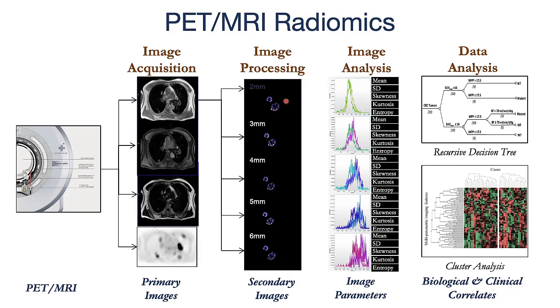From each of those derived images, we can develop a number of statistical maps from the statistical parameters from the histogram, and then we can analyze these in some way to characterize the different groups of patients, either using cluster analysis, as I described before, or using a decision tree where we sequentially apply individual measurements until we can separate out, in this case, wild type and mutant forms of colorectal cancer.